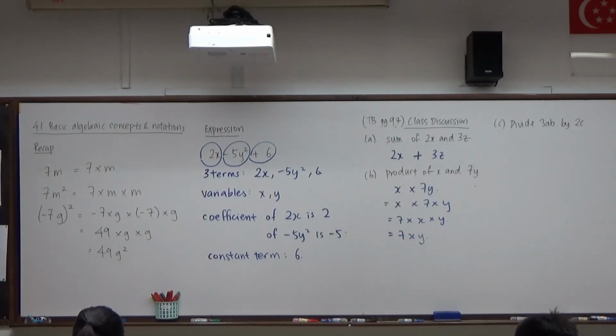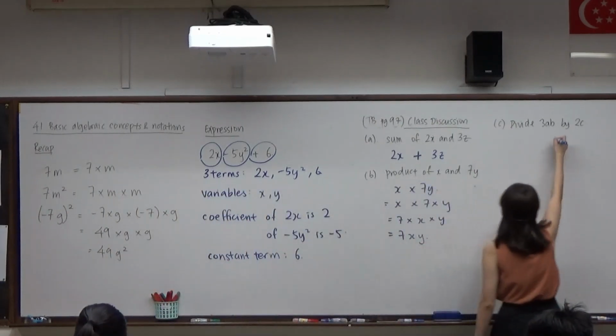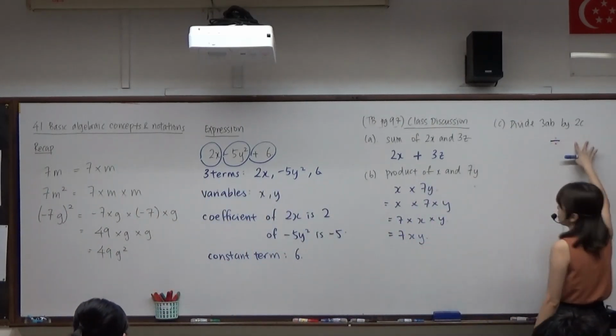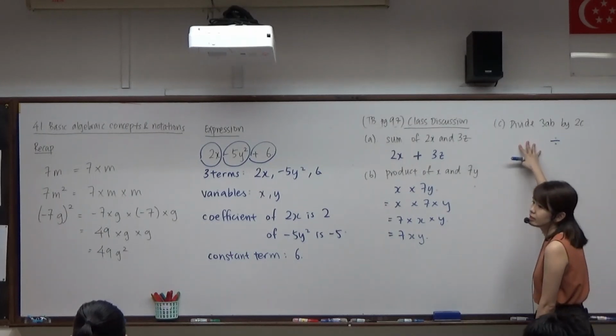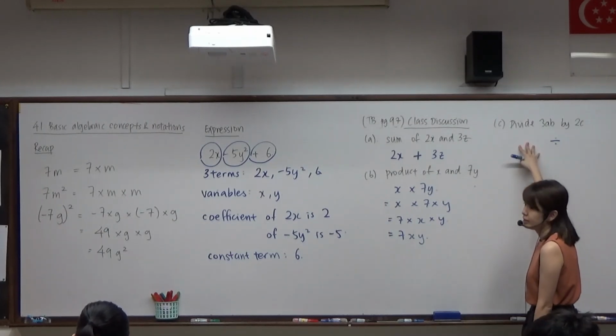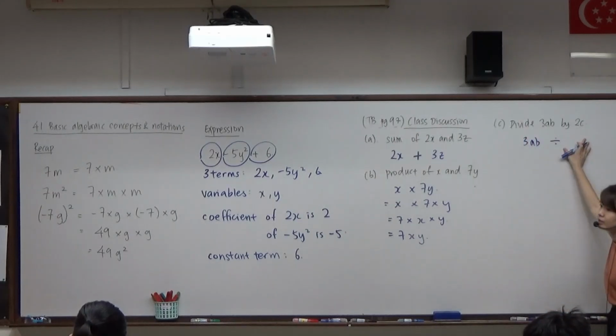We need divide, right? So we need a division sign. Can you tell me what comes here and what comes here? What should be here? 3ab. Okay, so we have 3ab over here, and then what's over here? Joel, what's going to be over here?